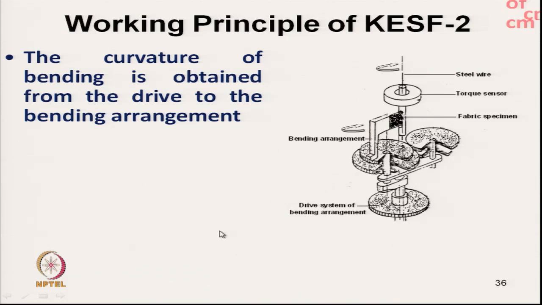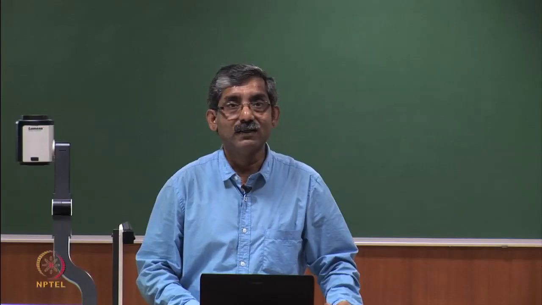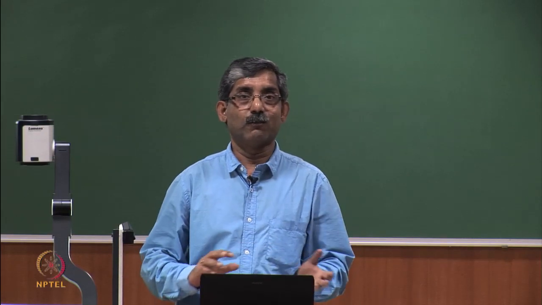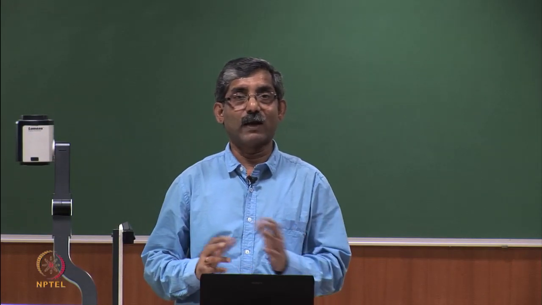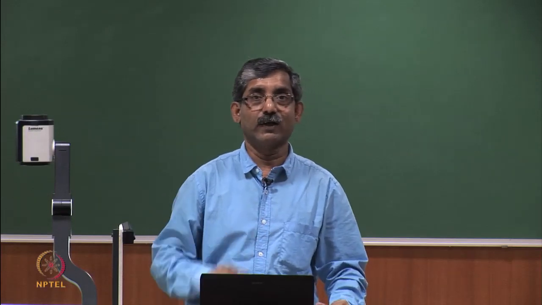The fabric specimen is bent with the help of the bending arrangement between the curvature of plus minus 2.5 centimeter to the power minus 1. So, that is the curvature limit. So, plus 2.5 to minus 2.5, again it goes in that way.